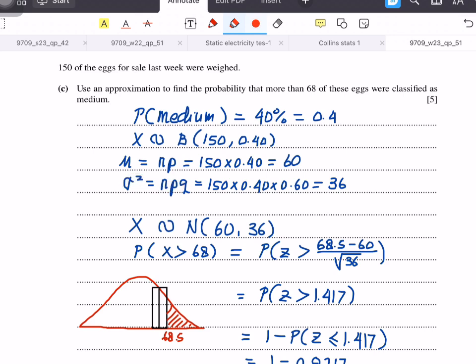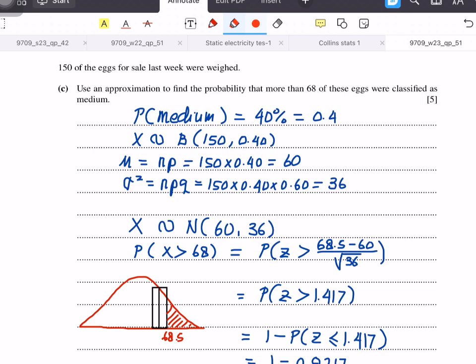Q is the probability of failure, which is 1 minus p. So it's equal to 150 times 0.4 times 0.6. The answer is 36. So x is normally distributed with mean 60 and variance 36.